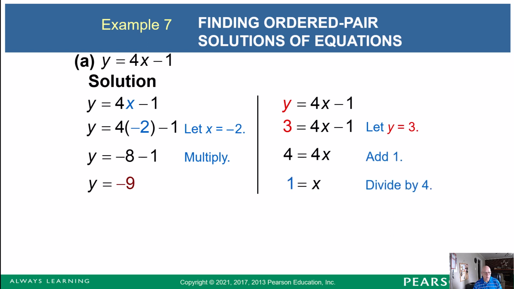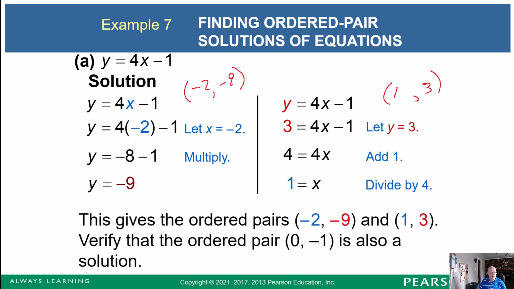It's a 1. So this point over here is negative 2, negative 9, and for this point, remember this is the y value, 3 and 1. And there are your points. It's also called a solution. They're points on the graph.